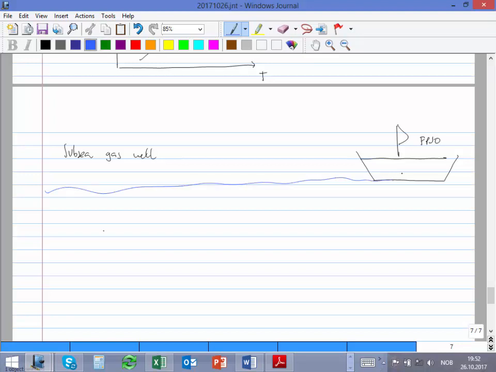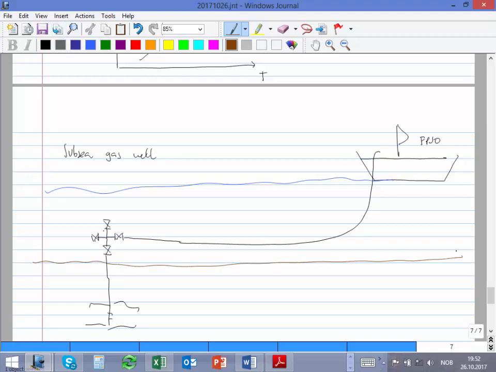Let's make the sea, and here I have my well, that goes up to the separator.